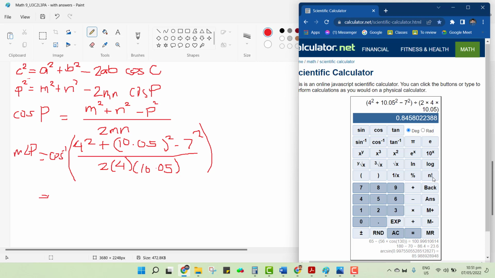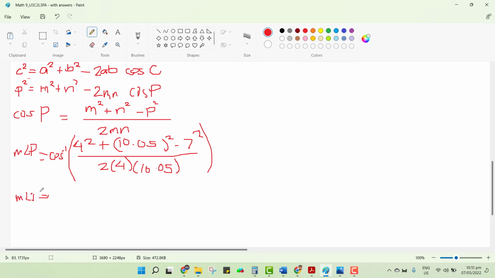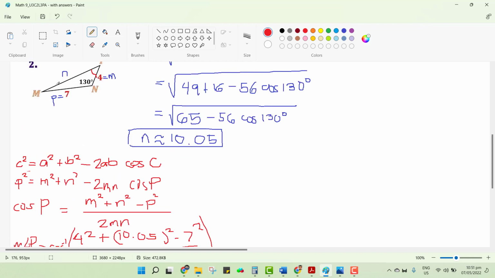Okay, and then you will get equals. Whatever the value of this is saved already as the answer, get the cosine inverse of the answer. You will have here 32.24 degrees. The measurement of angle P is 32.24 degrees. And using this to get the remaining angle, which is angle M.